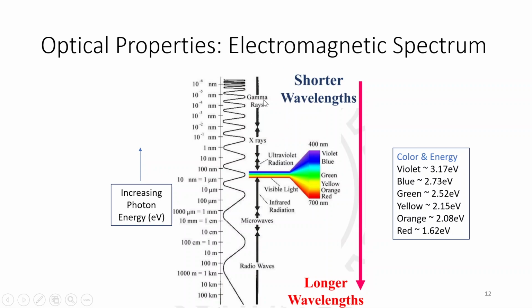So for example gamma rays will give more damage compared to these other waves, and even metals are transparent to these gamma rays. Color wise you can remember, near ultraviolet you will have violet color, and near infrared you will have red color.